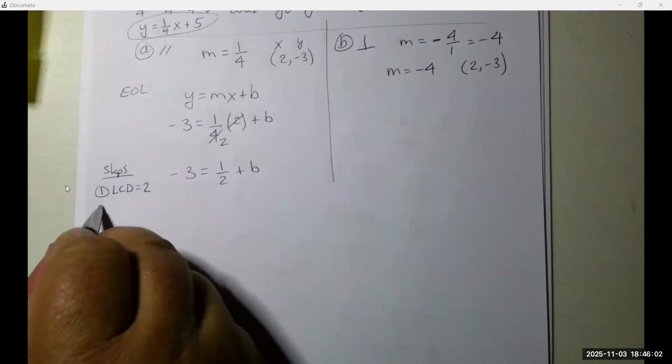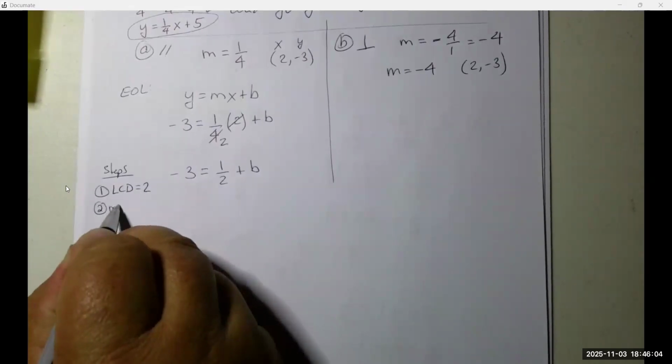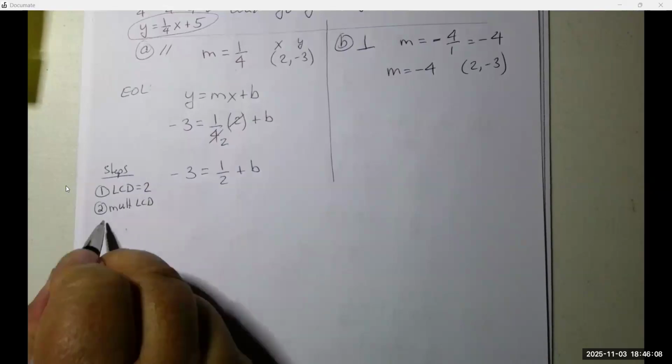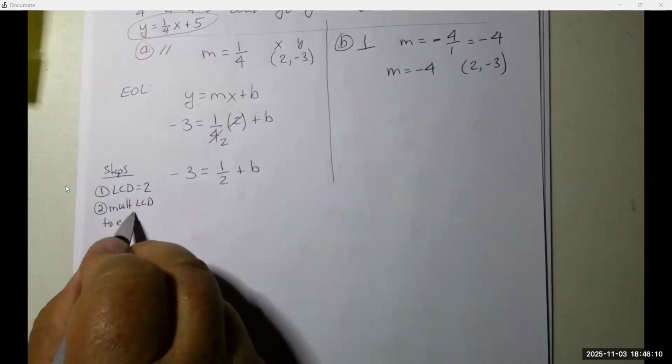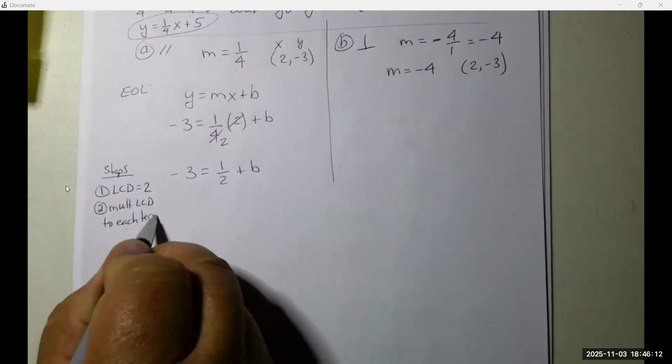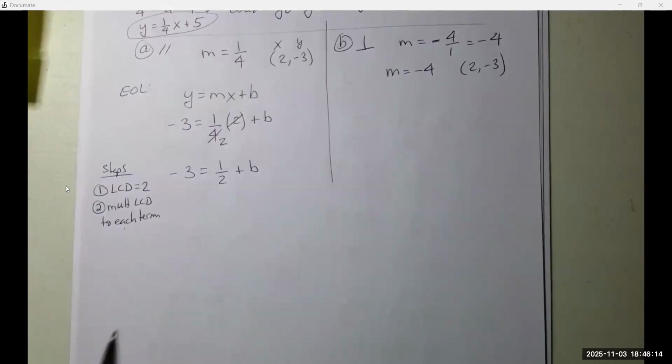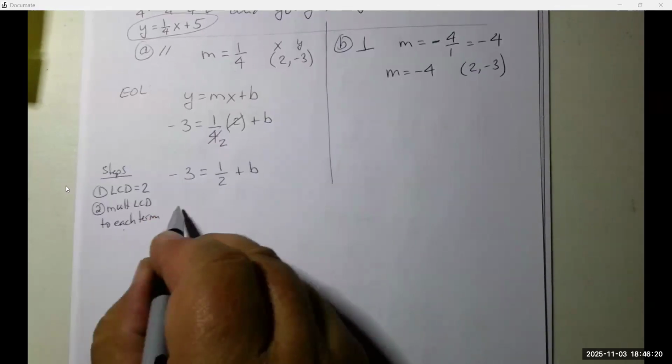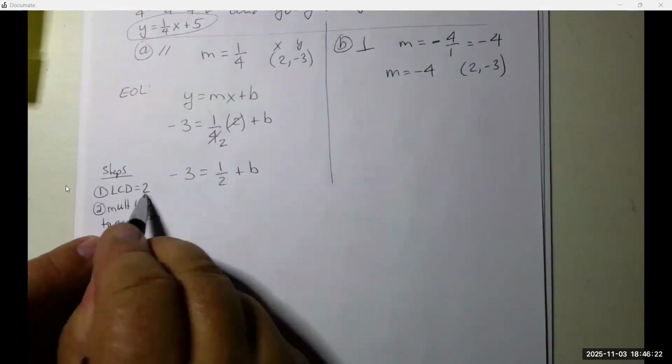Then the second step is multiply the LCD to each term. How many terms do we have in this equation? 3. Yep. So we multiply 2 to all the terms.